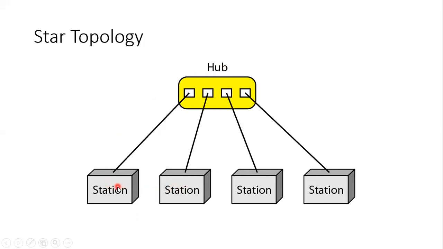Suppose station 1 wants to communicate with station 2, then first station 1 is connected to hub. From hub only, we send the message to station 2. Like that, every time we have to go to hub. From hub only, each station can be connected.